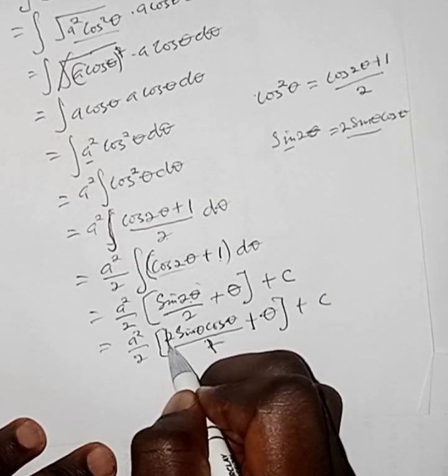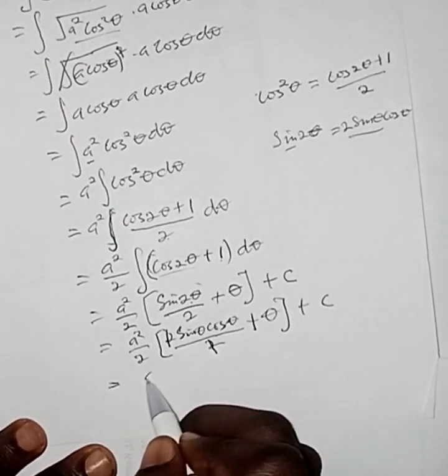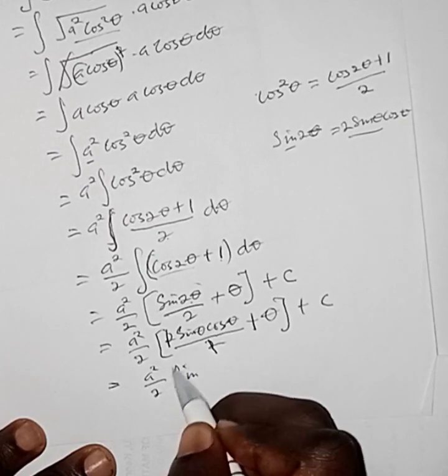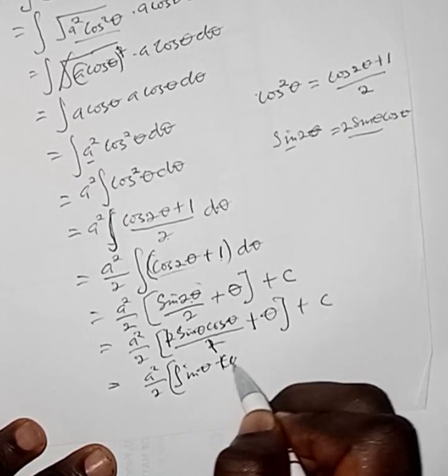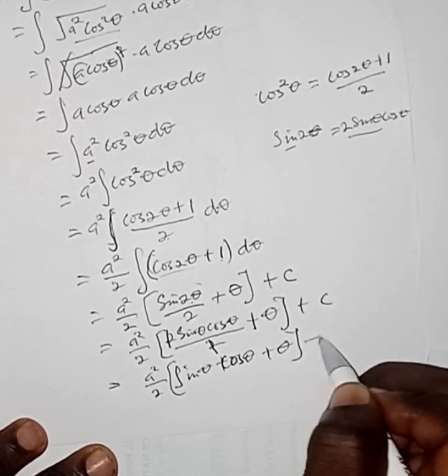These two can cancel these two, and then we have a squared divided by 2 times (sine theta cos theta plus theta), plus c.